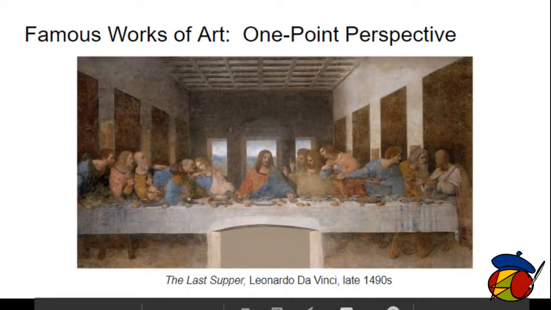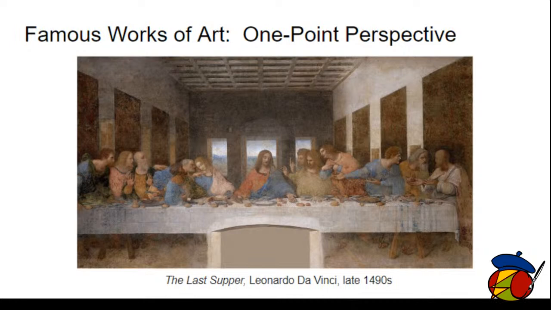Okay, so now on to some famous works of art where we can see one point perspective and that technique and its use in antiquity through modern times. This is The Last Supper, Leonardo da Vinci again, late 1490s.